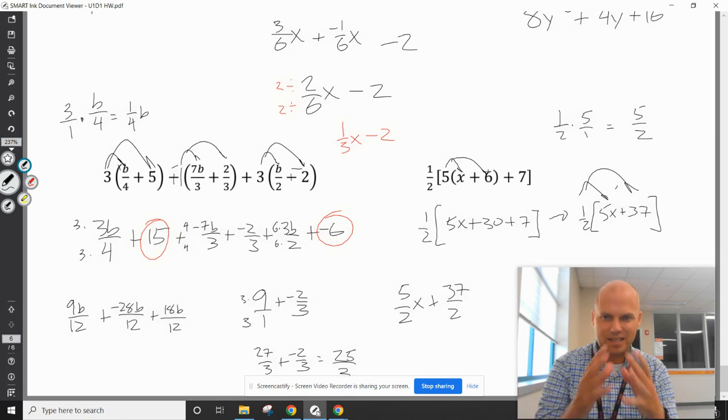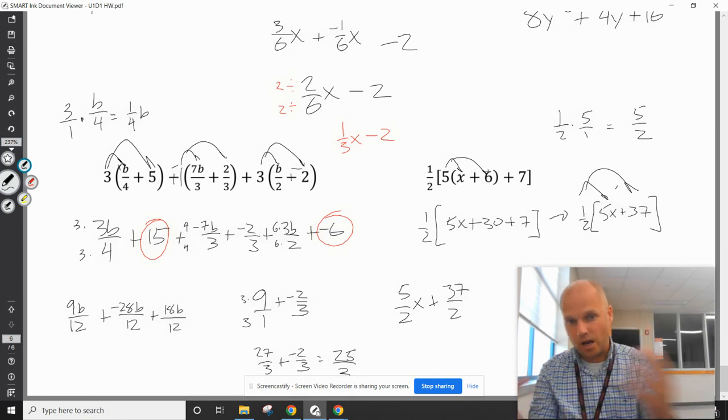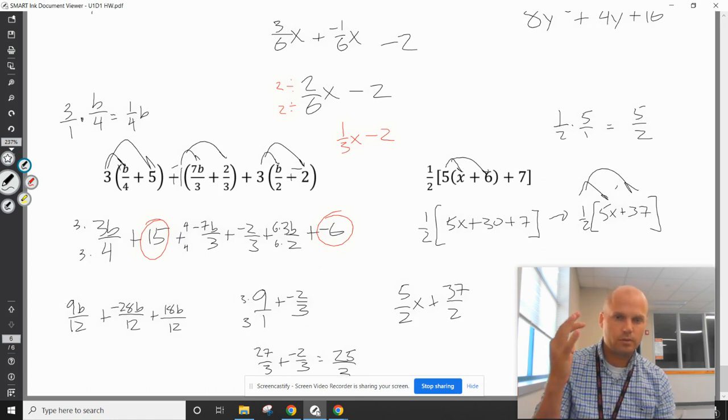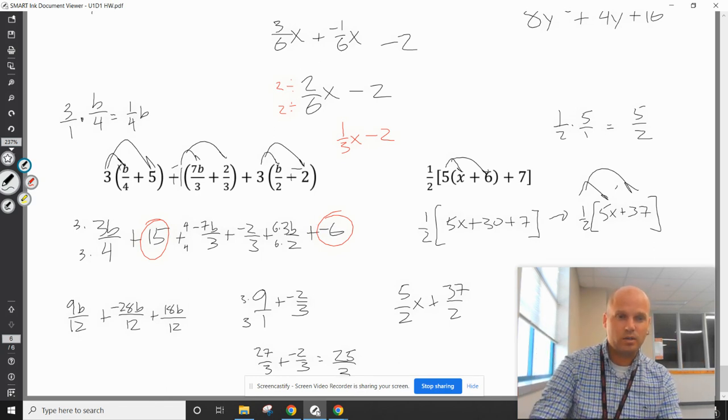Now we have like slices. It's easy to just say, oh, this is a 12th, this is a 12th, this is a 12th that I owe. I owe 28. That's a lot. But I have 18 and 9. Well, 18/12ths and 9/12ths, let's think. 19, 20, 21, 22, 23, 24, 25, 26, 27. Okay, 27, that's the easy way. How about 18 times 10 minus 1? Because 9 is 10 minus 1. 18 times 10 is 180.